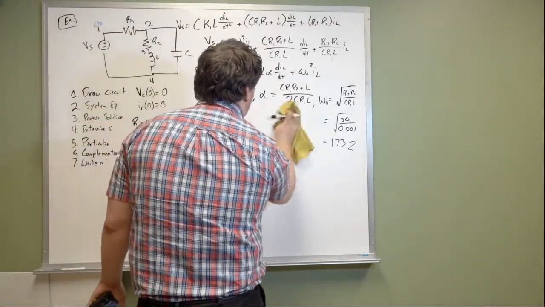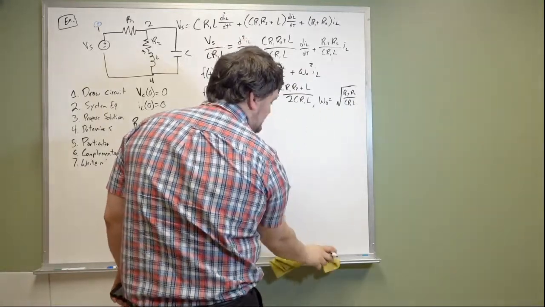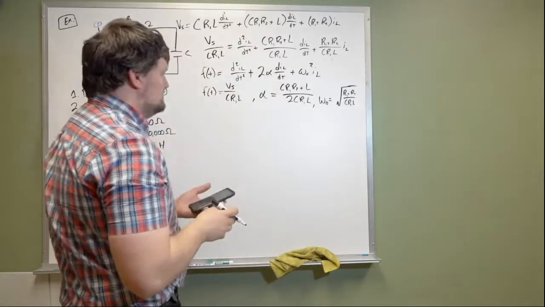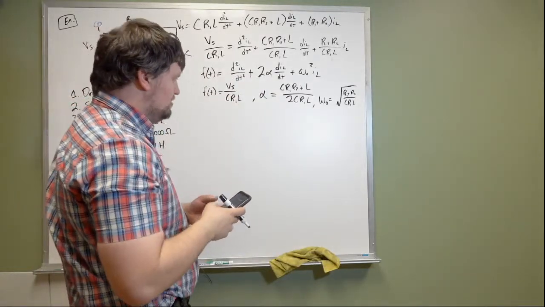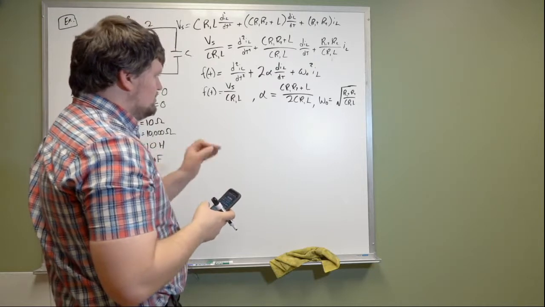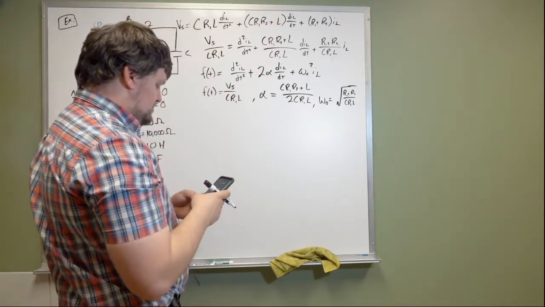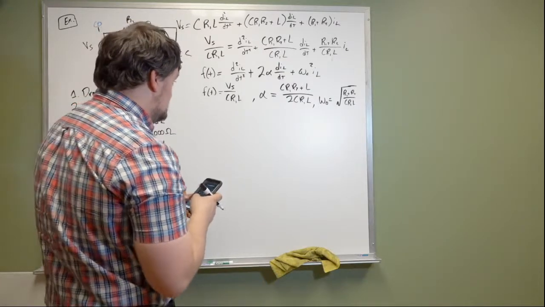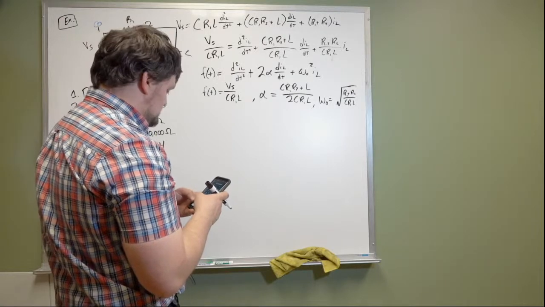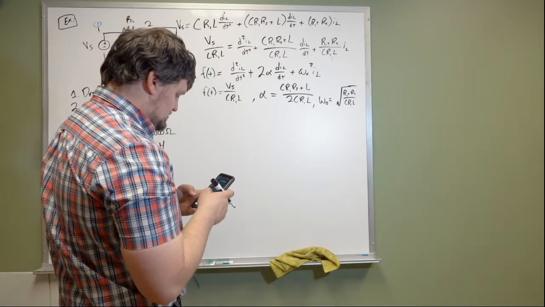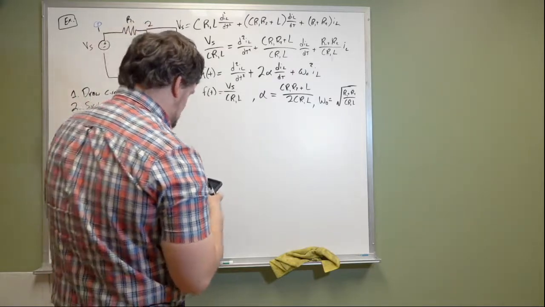Alright, so doing the math again. I'm trying to create an underdamped system, in case you haven't noticed. Overdamped systems are just easy. Underdamped systems are a little bit more interesting. So here we have 0.00001 times 10 times 10,000 plus 10.